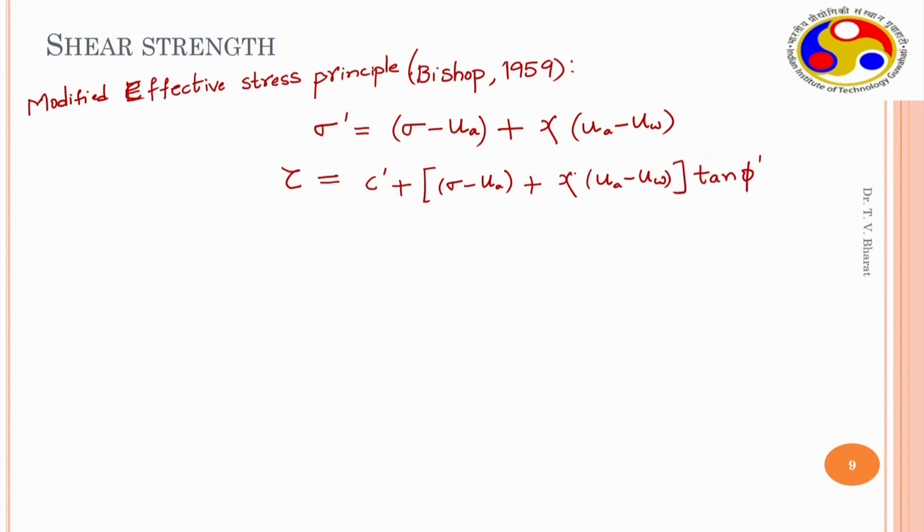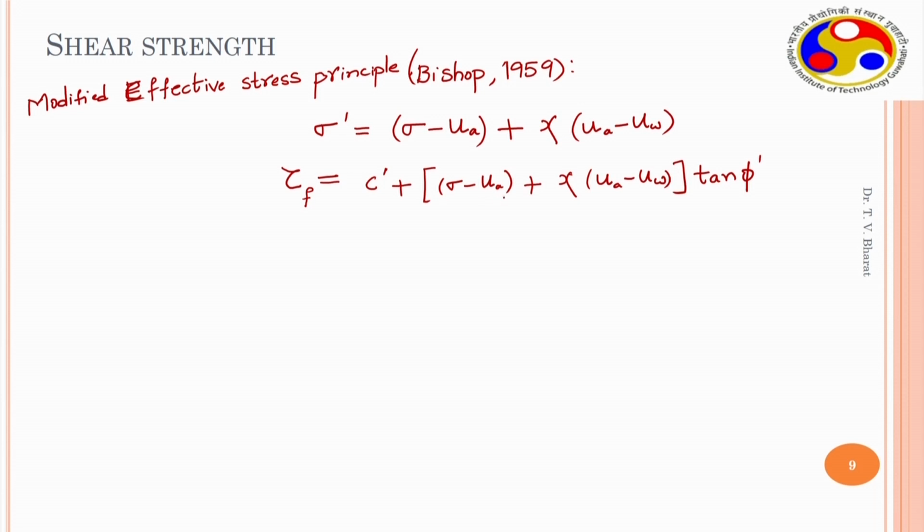Here the interesting thing is that the determination of xi is very complex, but at failure xi F can be determined for a known value of stress state. At failure, if we know these stress state variables, we can determine C dash, phi dash and xi F.